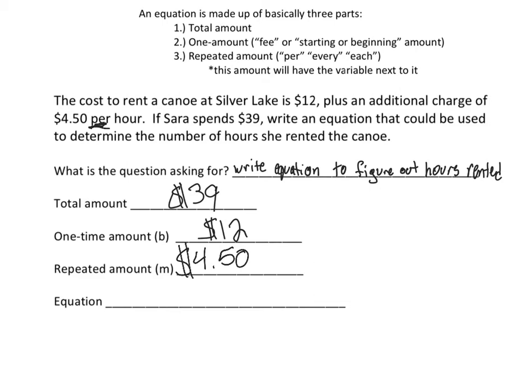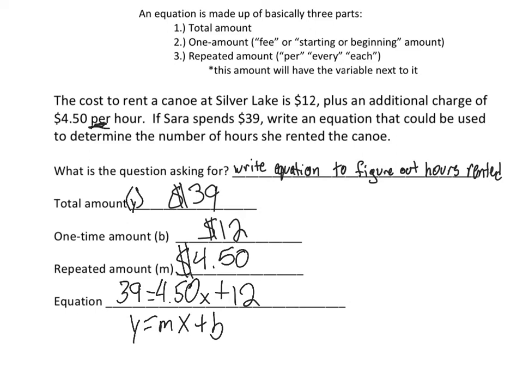So our equation, if we put it in the y equals mx plus b form, our total amount is the y. So we can fill in from there. We have 39 equals the repeated amount, the m, 4.50x, plus our b, which would be 12.